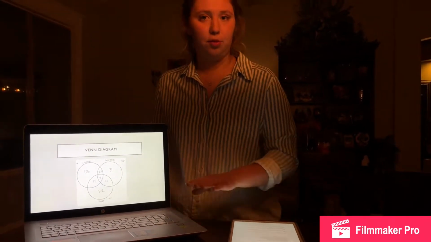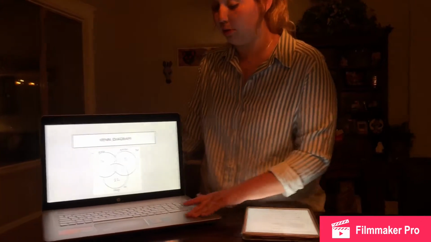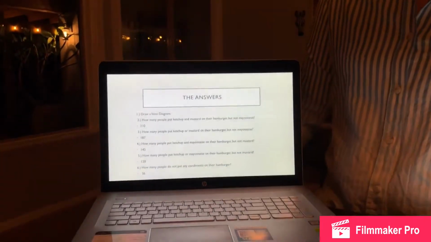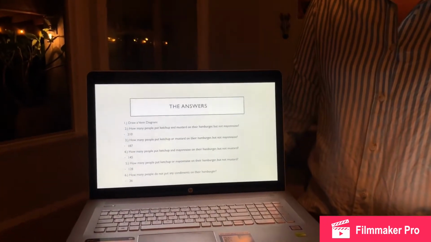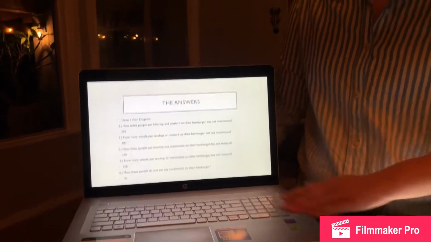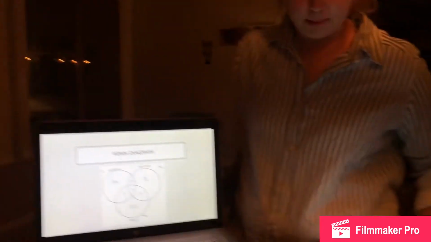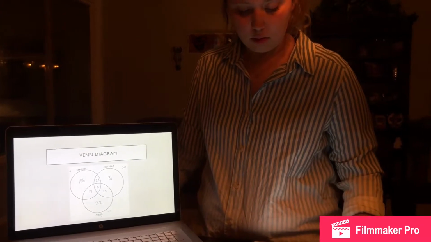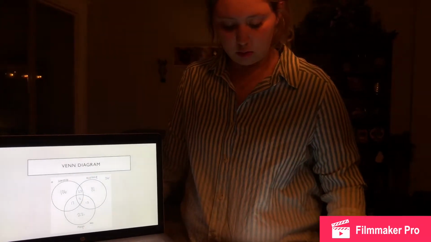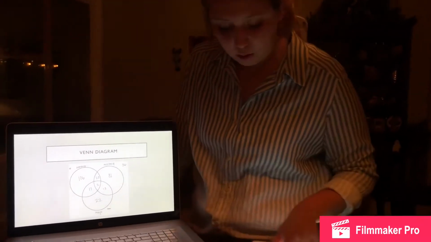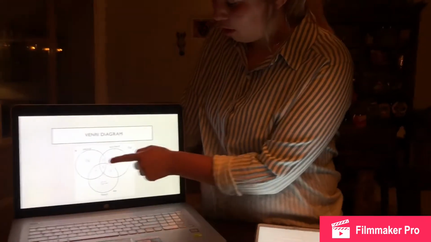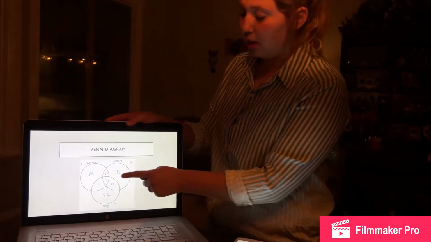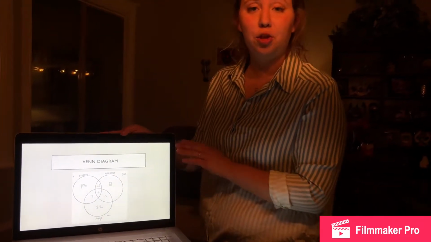Now, part of the problem was a few questions, so I'm going to show you guys how I answered these. So the first question we're going to do is, how many people put ketchup and mustard on their hamburger, but not mayonnaise? So looking back on the Venn diagram here, we can see that each person in this bubble uses both ketchup and mustard.